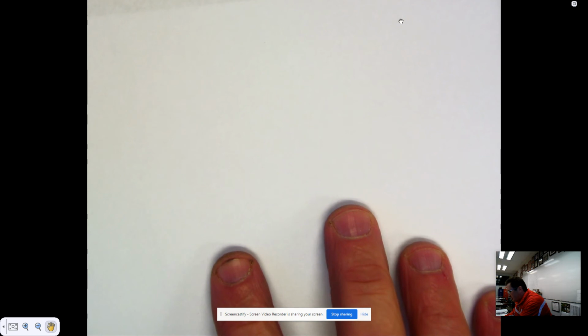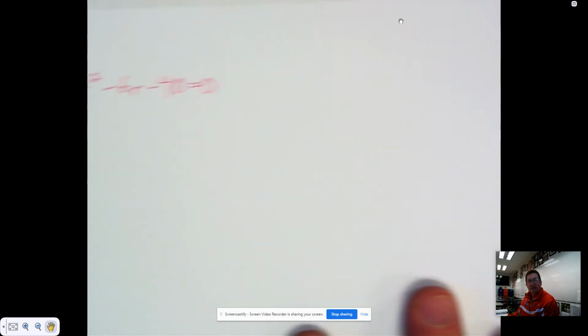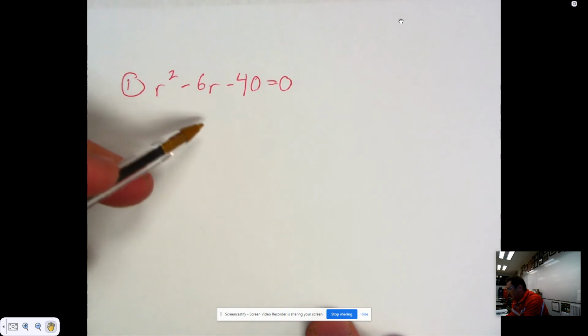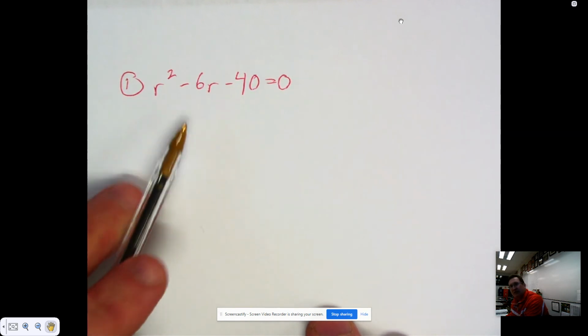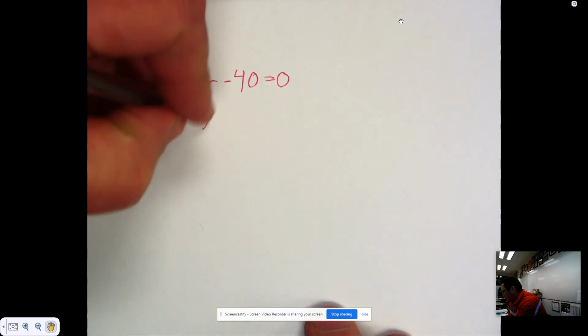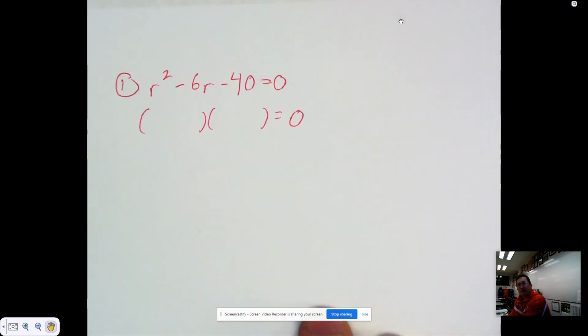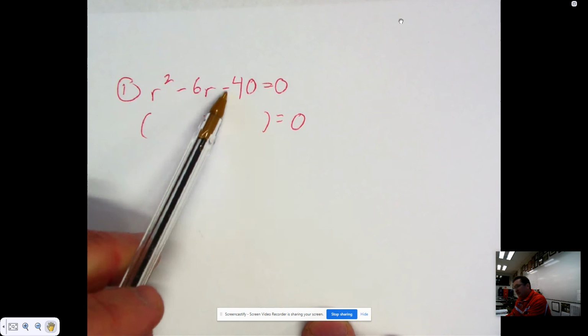It's r squared minus 6r minus 40 equals 0. You can see that it's already set equal to 0. Furthermore, there's not a greatest common factor, so we'll try to factor this into two binomials. Remember, the strategy here is to think of two numbers that multiply to 40 and have a difference of 6, difference because of this minus sign.